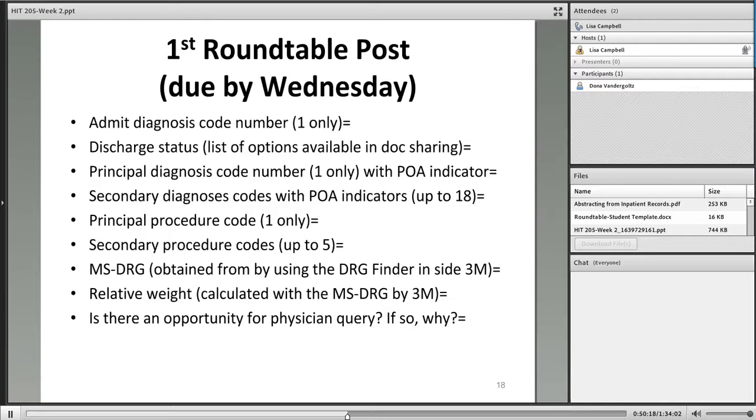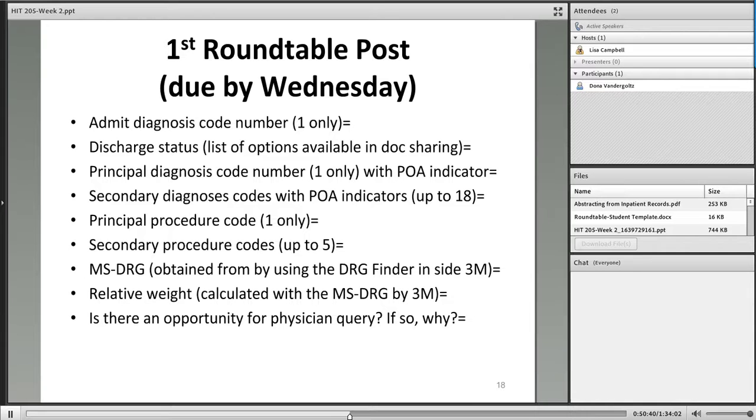There is a guideline on page 15 of those guidelines that talks about the selection of the principal procedures. So if you didn't have a copy of those PCS guidelines, you probably want to get one and refer to them, because there will be some procedure coding in the roundtable.